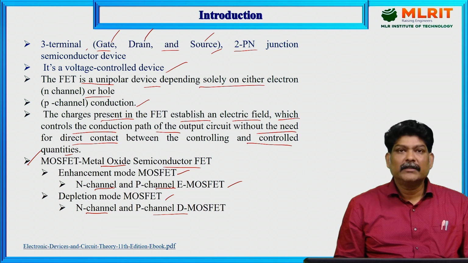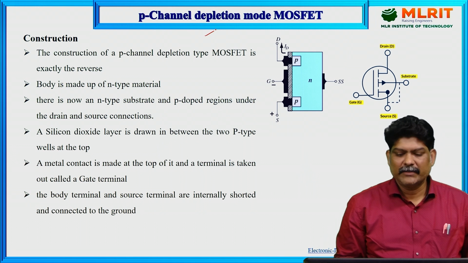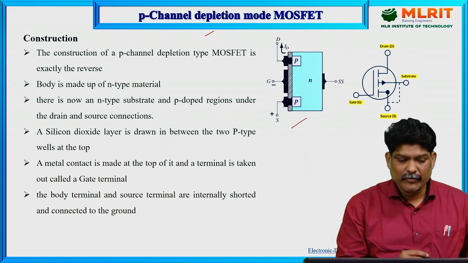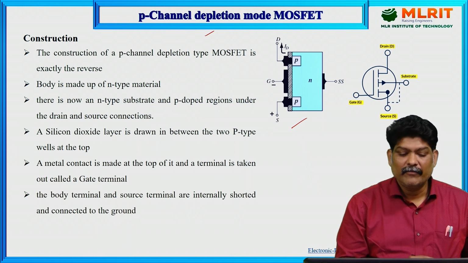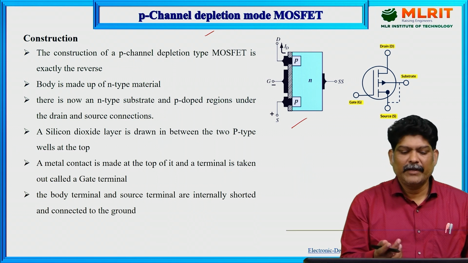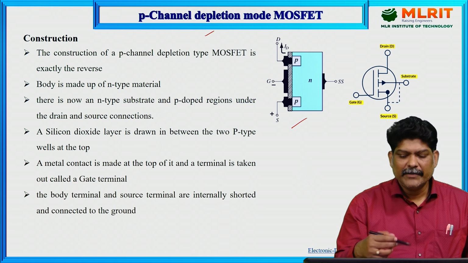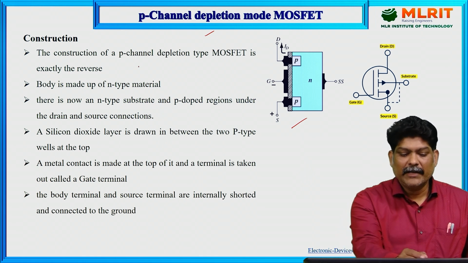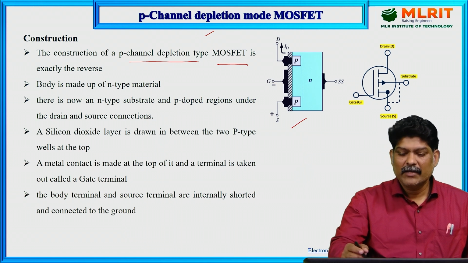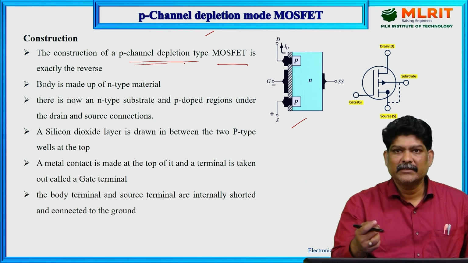Let us discuss in detail the P-channel depletion mode MOSFET. This is its basic structure. The construction of a P-channel depletion mode MOSFET is exactly the reverse of the N-channel depletion mode MOSFET. In the N-channel depletion mode MOSFET, the substrate is P-type, whereas in the P-channel depletion mode, the substrate is N-type.